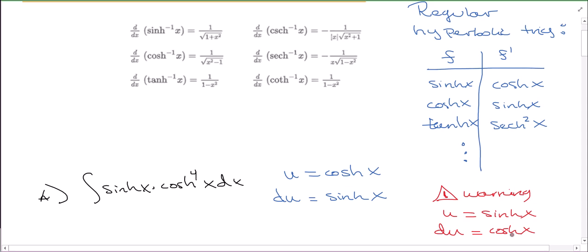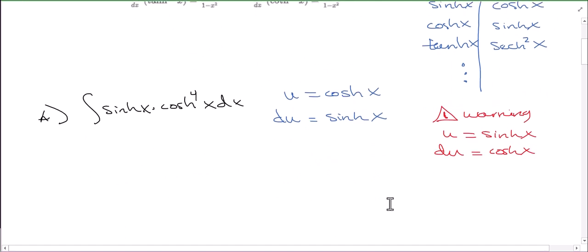Some of us might think, oh, I can let u be sinh because cosh is the derivative. But then when I do the integral, this will look like u times du to the fourth. And we can't have that, because du is cosh x dx, and this is just cosh x to the fourth, so we wouldn't really be able to make that substitution.